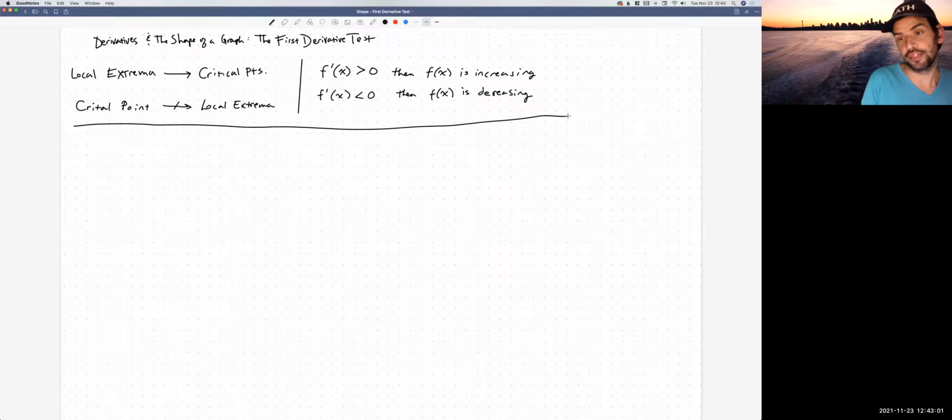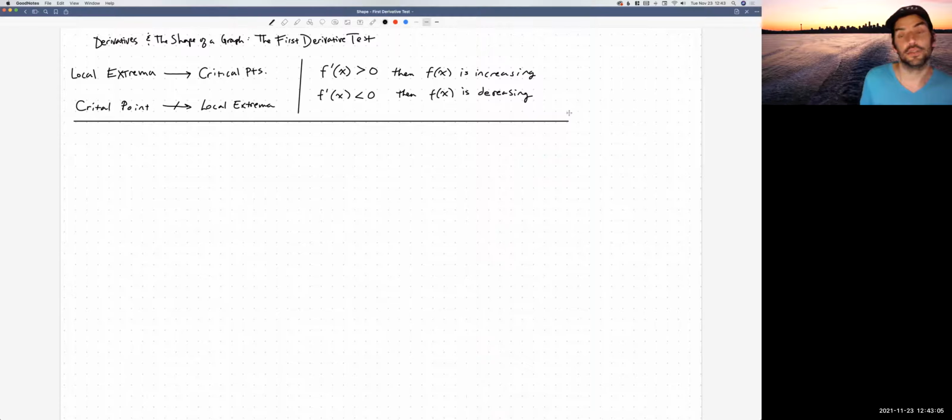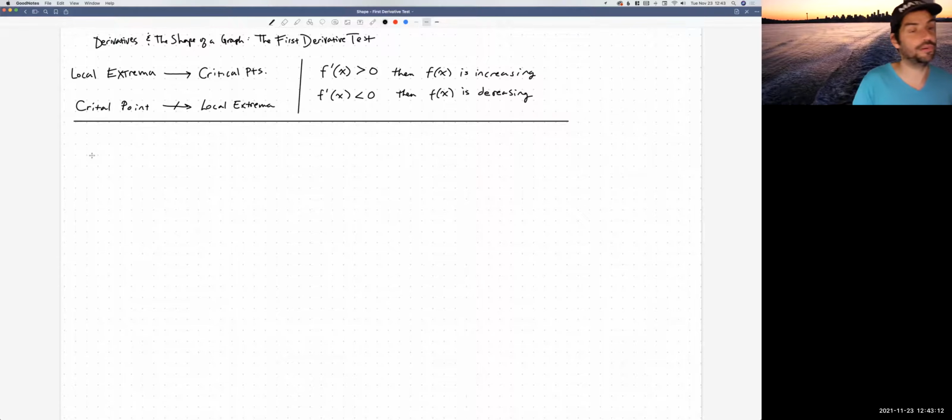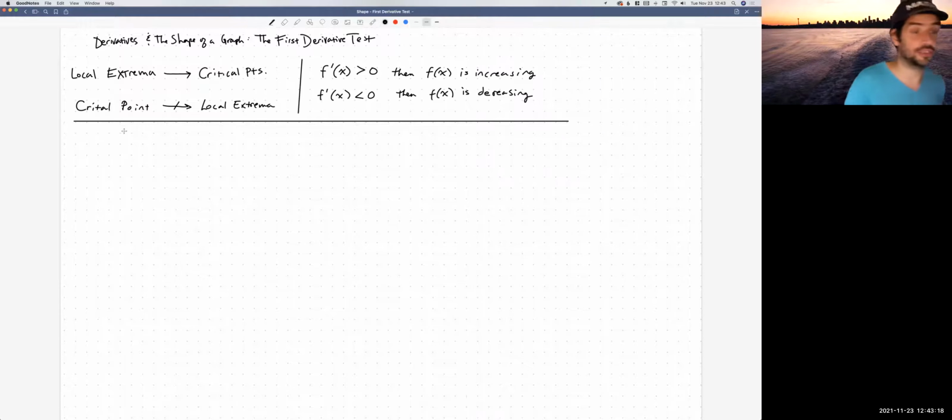So there's some of the ideas we're going to use from our previous work. So let's look at a function and then see how we can use these ideas to determine whether a critical point is actually a local extrema, and in particular, which kind of local extrema it is.